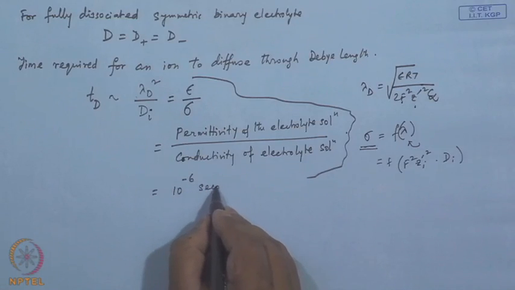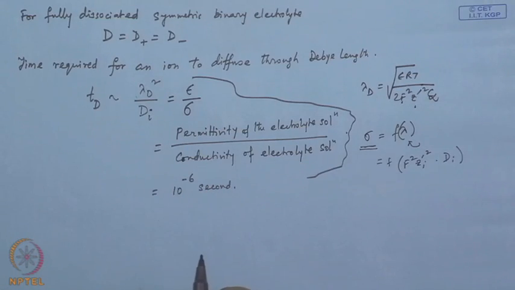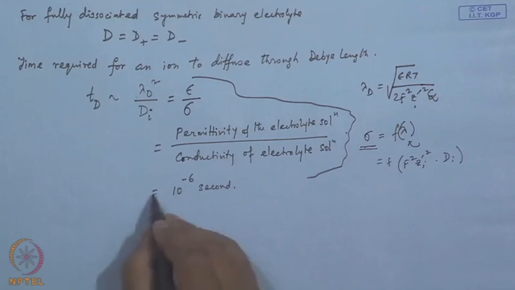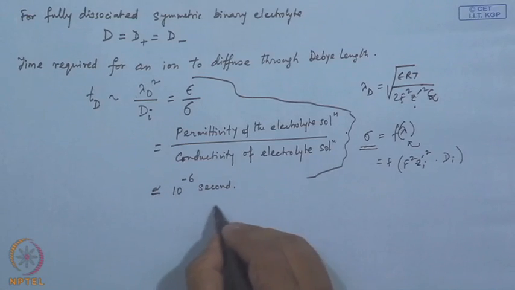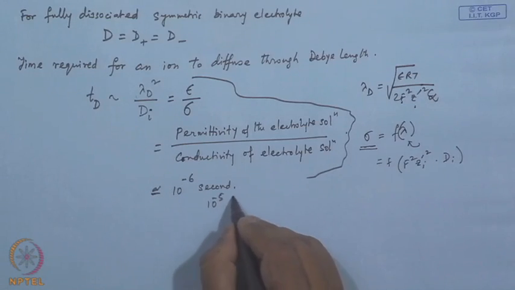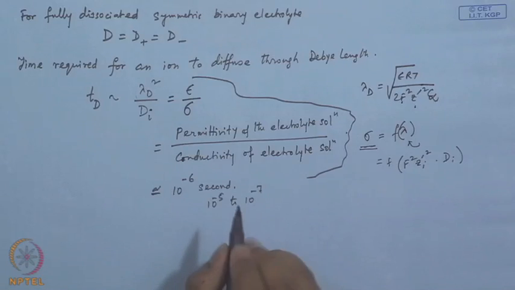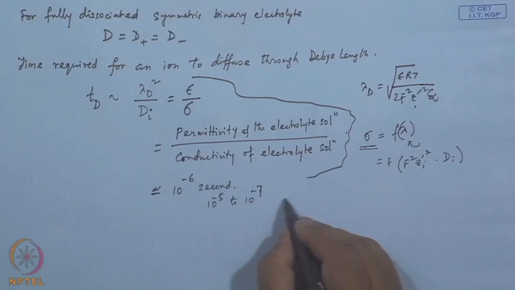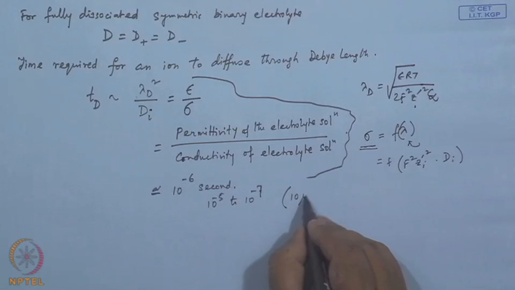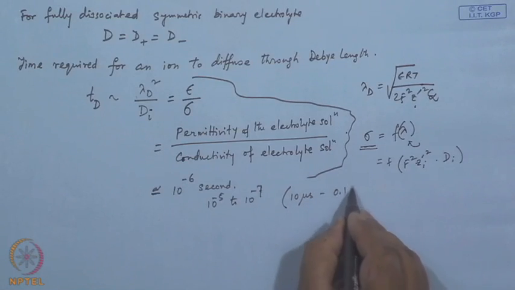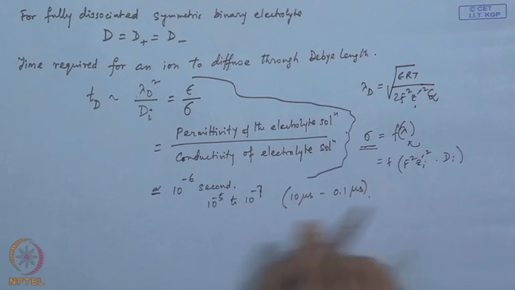Of course this is of the order, so 10 to the power minus 6 can be between 10 to the power minus 5 to 10 to the power minus 7. That means this is basically 10 microseconds to 0.1 microsecond. So this is the time required for equilibration of an ion across this Debye length.